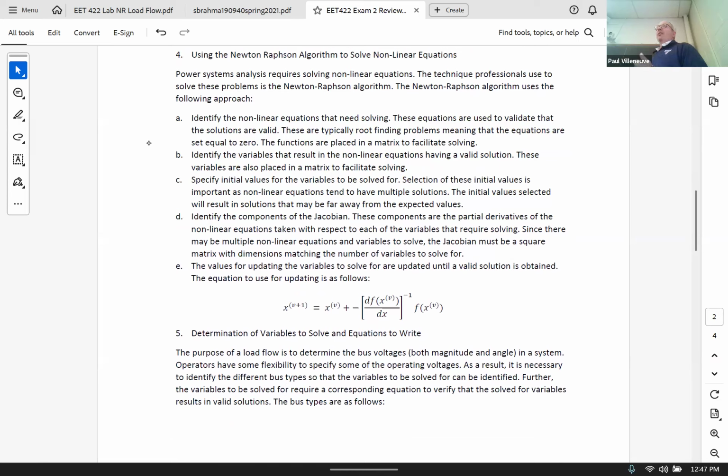Because if you remember, when we did our first example where we had one equation to solve and it was nonlinear, x squared minus 2 equals 0, if we picked a different starting point, we'd end up with a different solution. One was the square root of 2, and the other, I think, was the negative square root of 2, right? Either one would work for us.